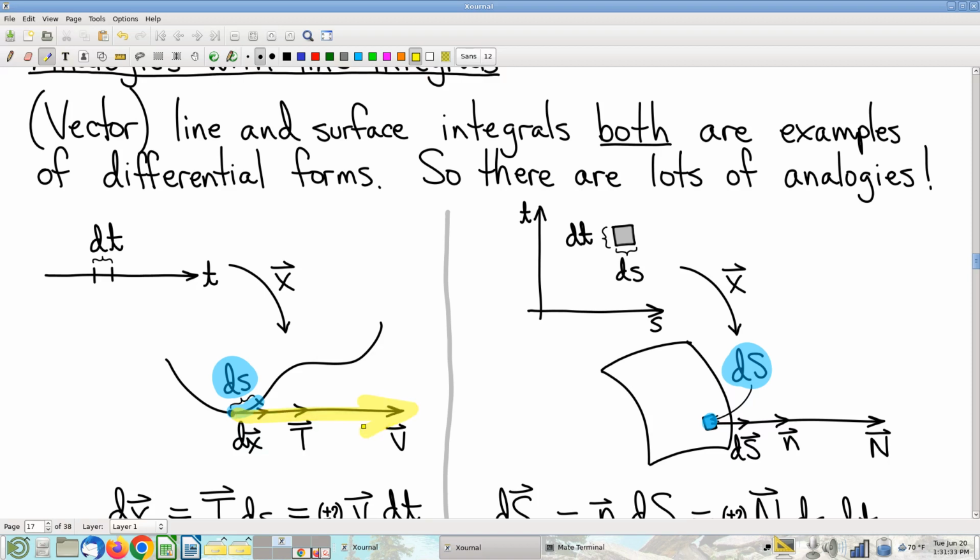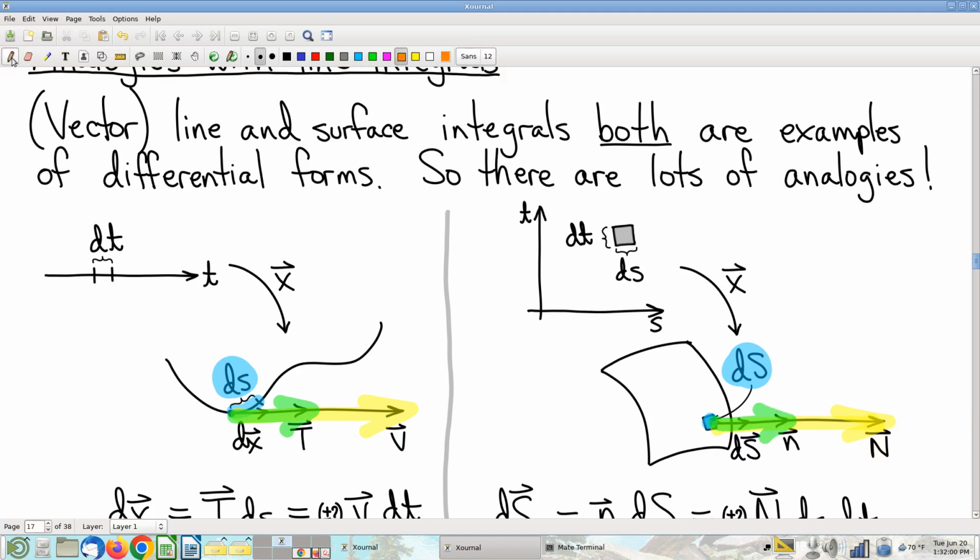The velocity is literally the derivative of the parameterization. The capital N vector is a cross product of partial derivatives. I'm going to call that a derivative in the sense that derivatives are the elemental pieces that make up what capital N is. In both cases, we talk about the unit vector that points in that same direction.